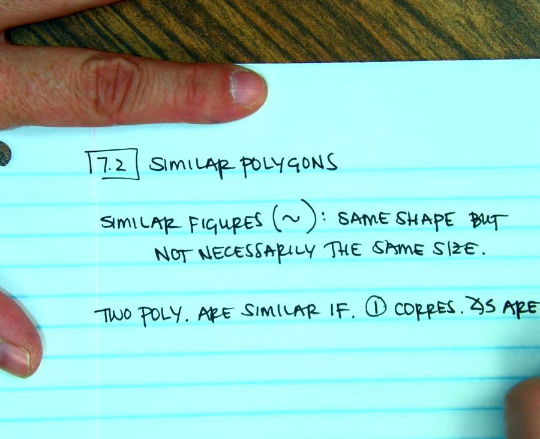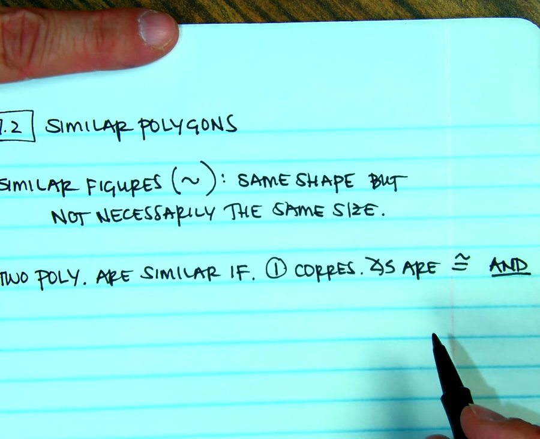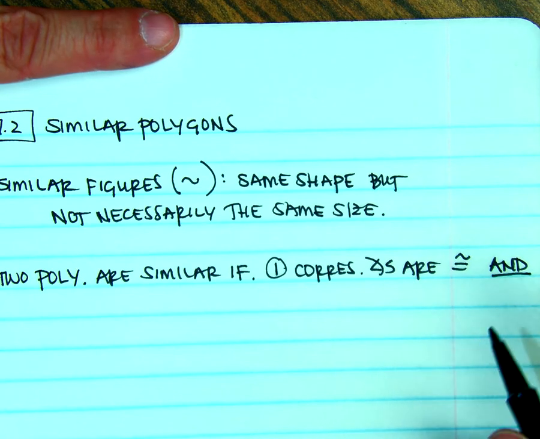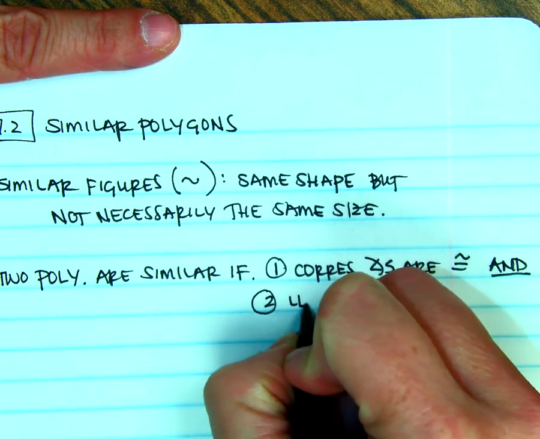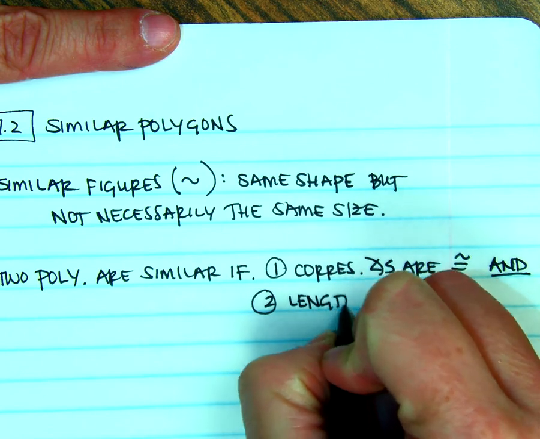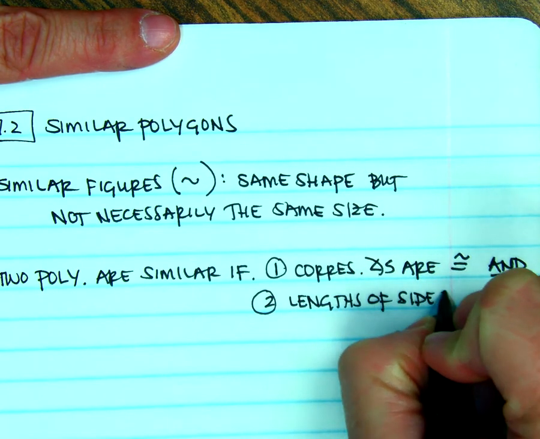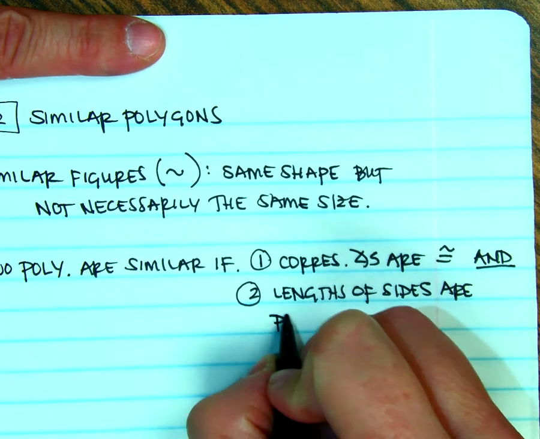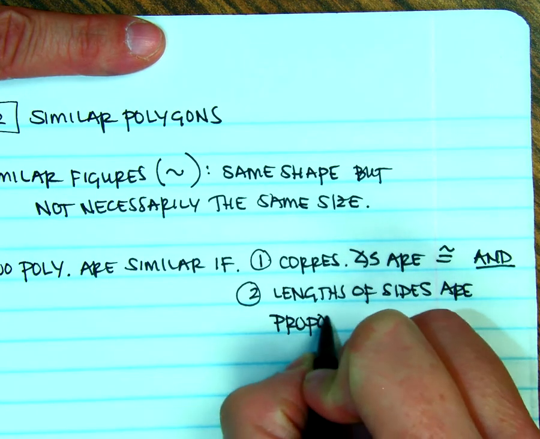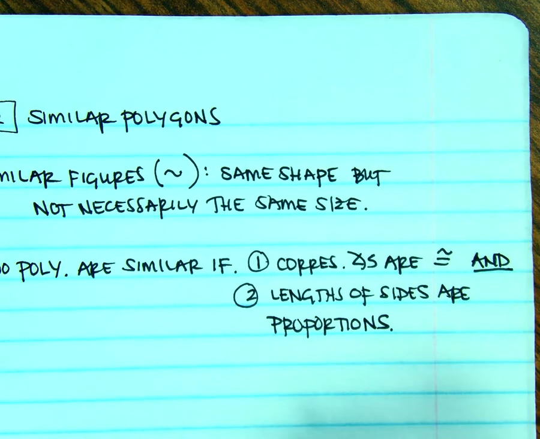and the second thing is the lengths of sides are proportional. So there comes in the proportions that we did yesterday.